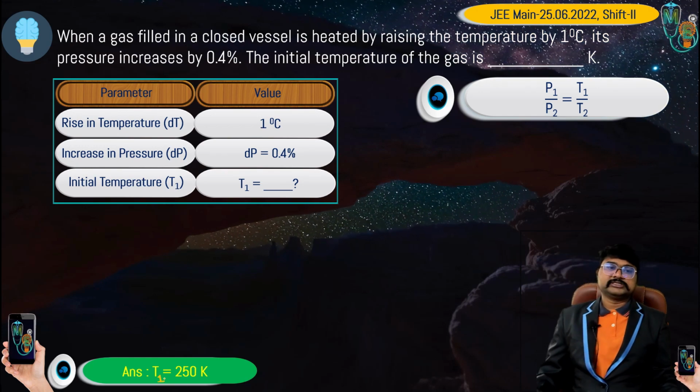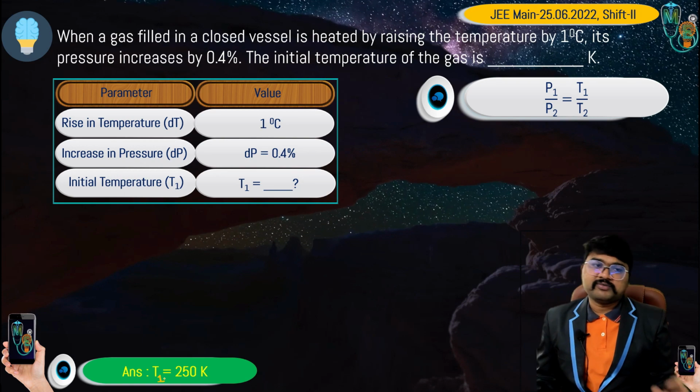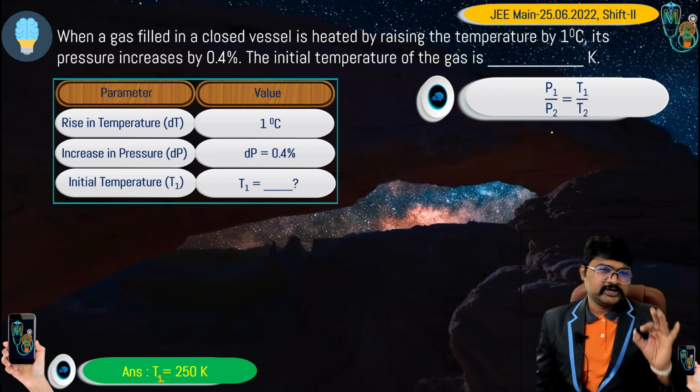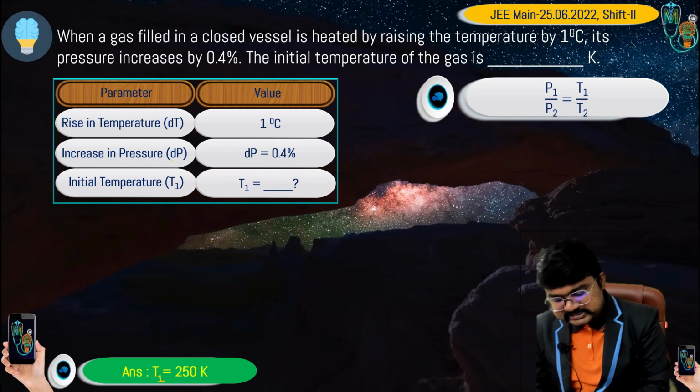T1 equal to this. So what did we do here? P2 by P1 is very simple. You need to understand one thing: percentage increase in pressure.